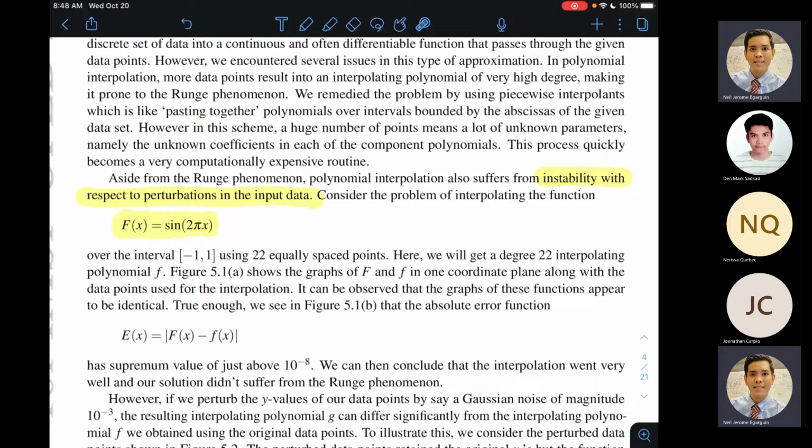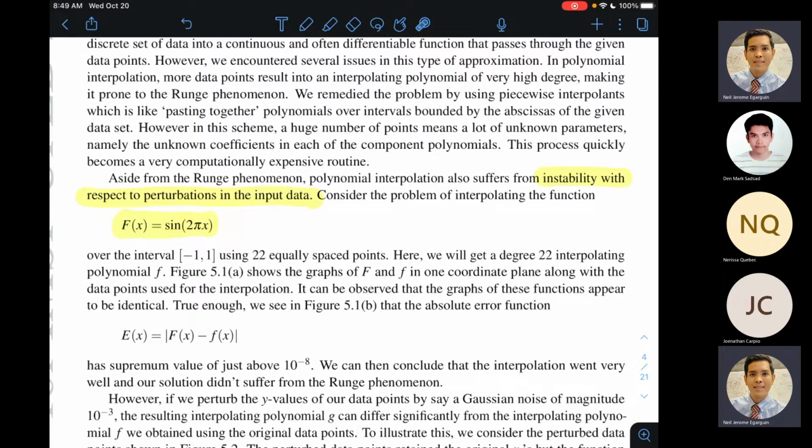Ibig sabihin, dun sa data na gagamitin natin, hindi eksakto yung mga function values. Posibleng contaminated sila ng maliliit na errors. Right? So we say an algorithm or a method is stable kapag yung maliliit na perturbations result to small changes in the output.